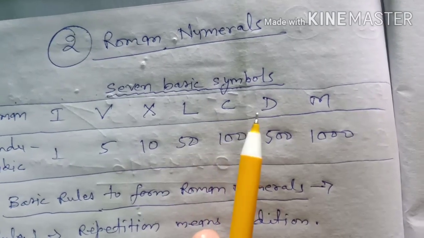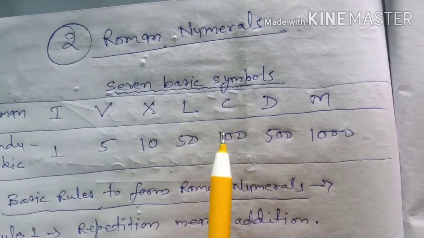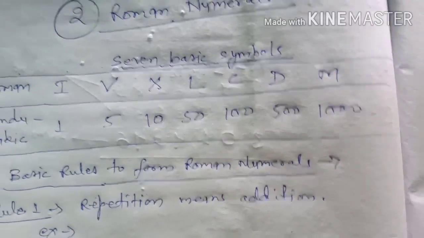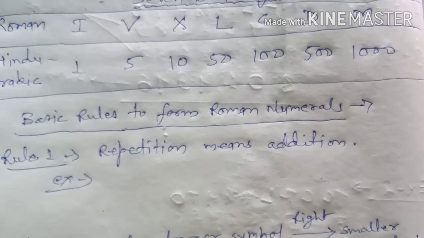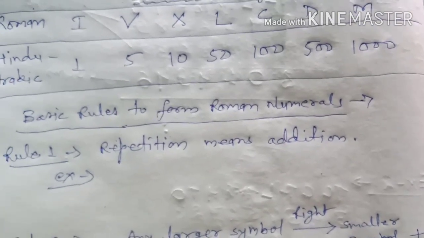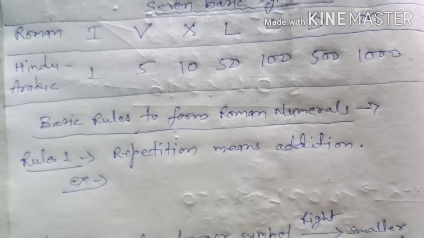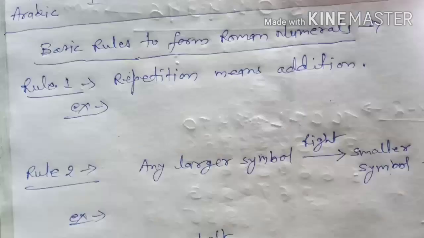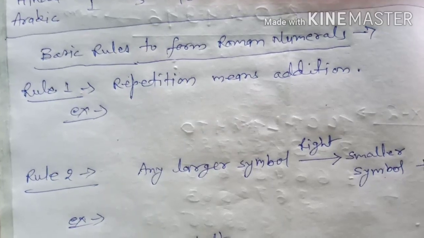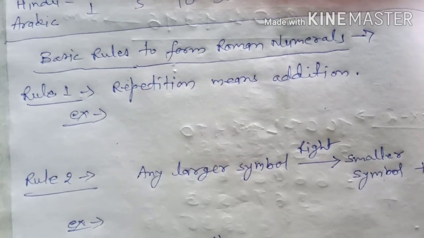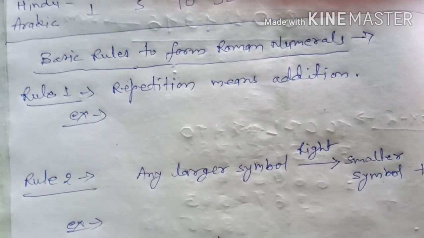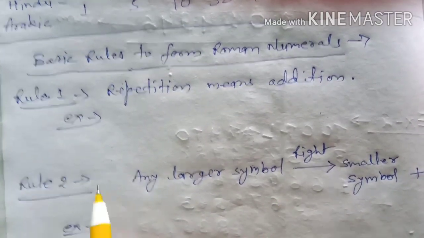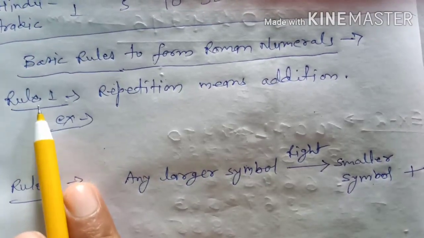Okay, with the help of these symbols we will form the Roman numerals. And there are some basic rules also to form Roman numerals. What are the basic rules? Now we will start to study. So see students, let's see what these rules are.